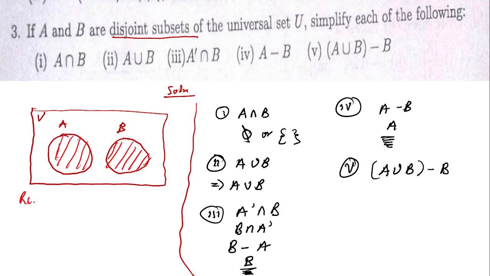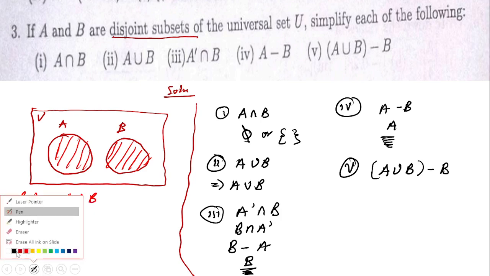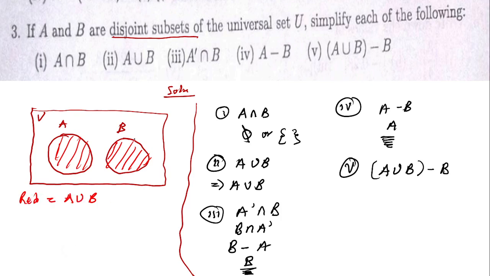So I'll write red, which is A union B. And then I can shade B alone. B, I'll shade using my blue ink. So blue is simply representing B. From red you remove blue, what are you having? You're having this part.